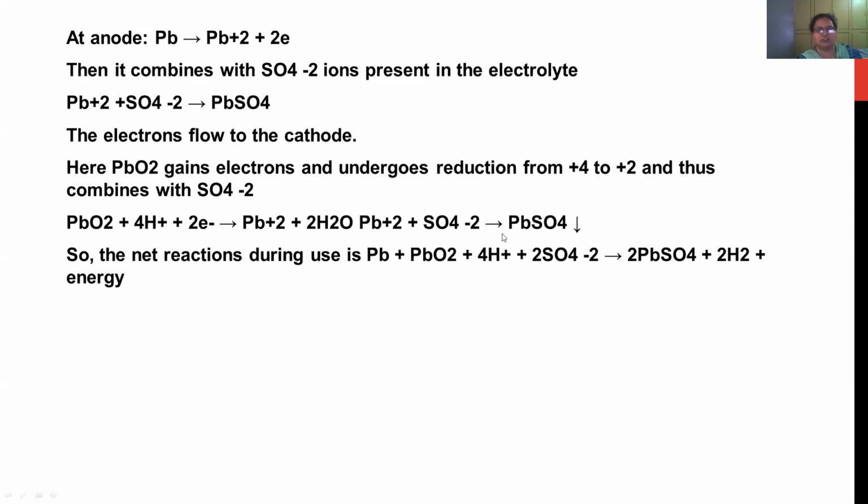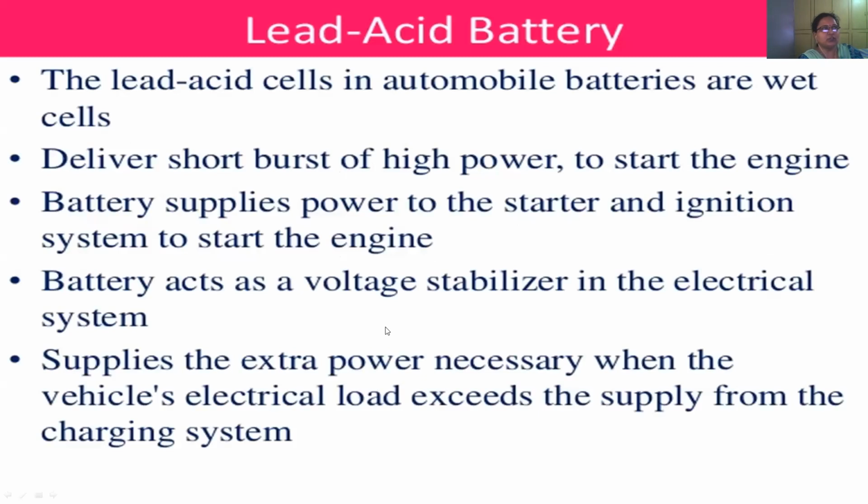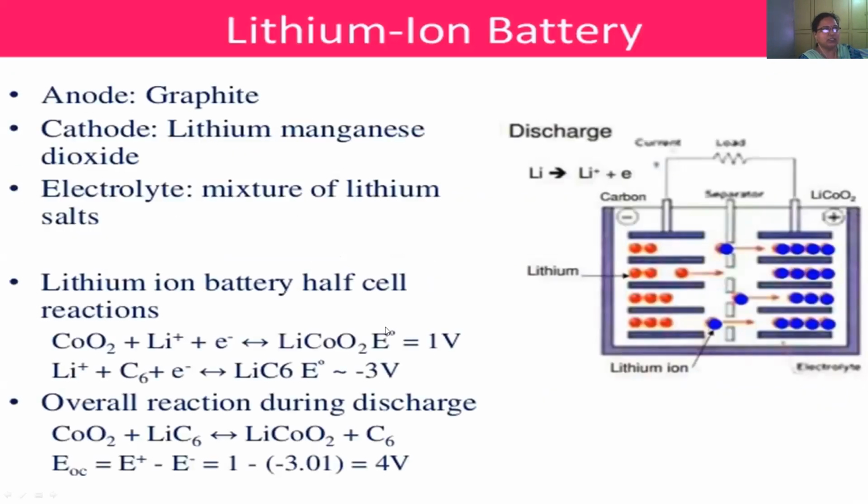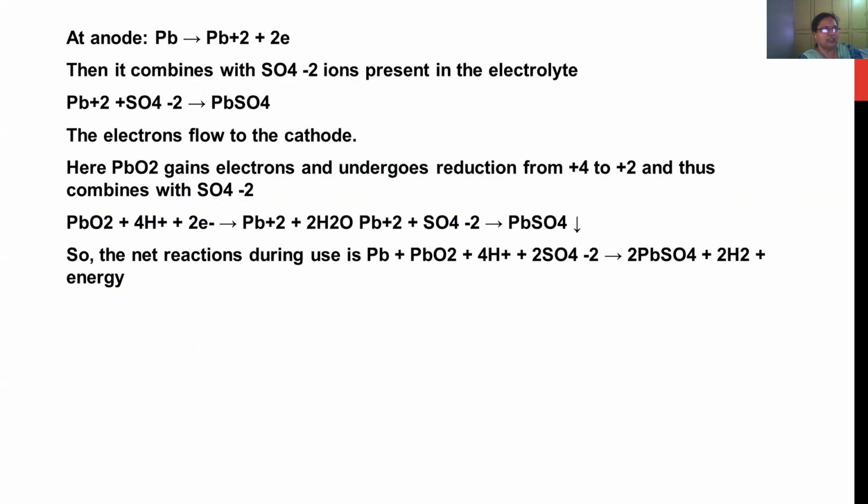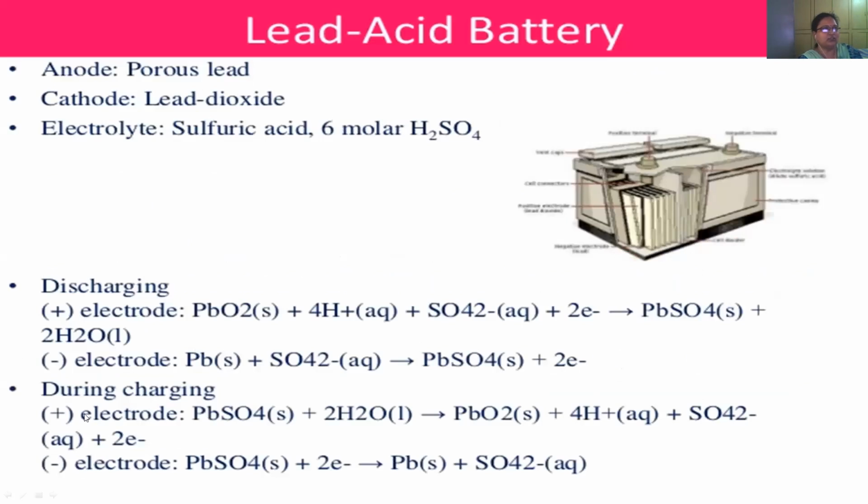These are reversible reactions. If you know the discharging reactions well, you can write the charging reactions easily. Then Pb2+ plus 2H2O gives PbO2 plus 4H+ plus 2 electrons. These electrons are taken up by PbSO4 giving again Pb2+ plus SO4 2-. If you go in the reverse direction, you will get these reactions during charging.